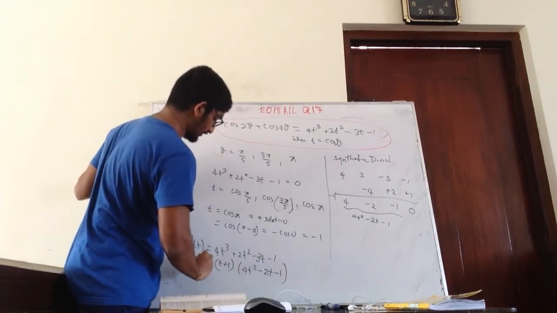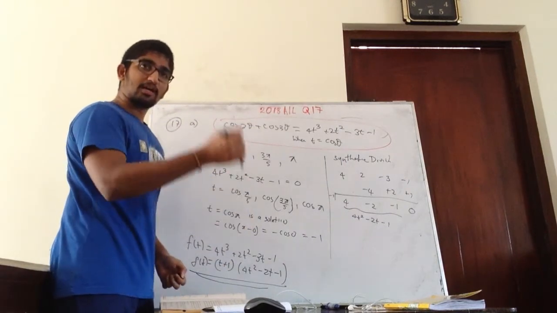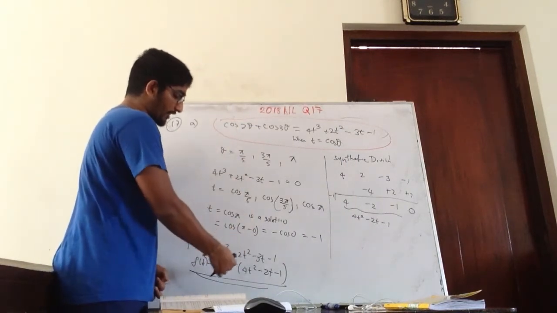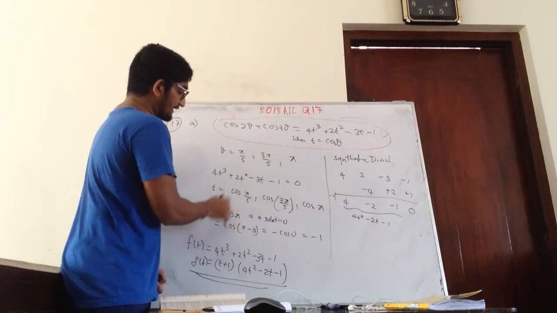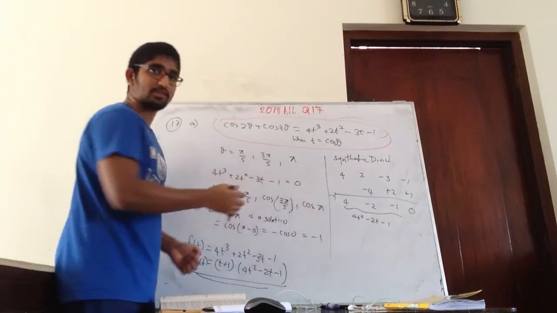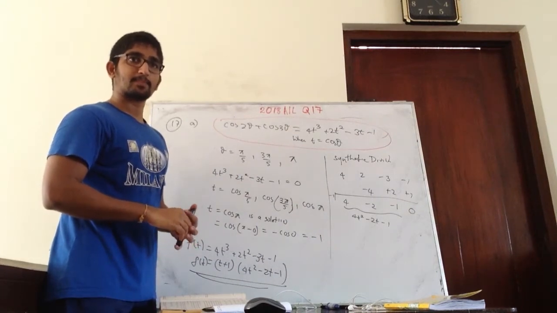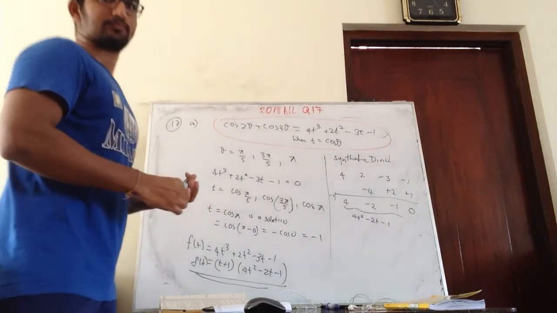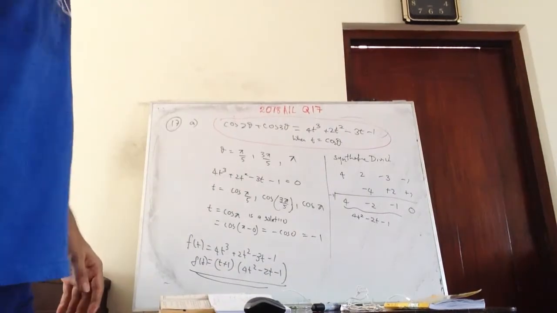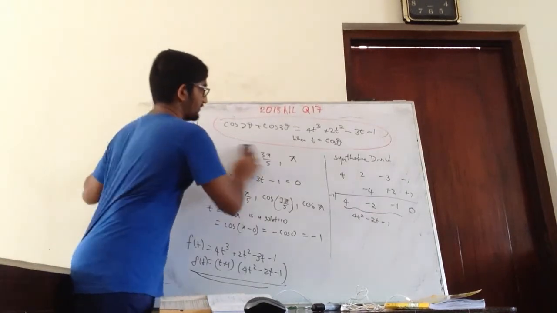So now this is f(t), right? Now this is f(t). So t equals t plus 1 has a solution where t was first 5. So these two will have the rest of the two solutions. It's simple as that, right? So let me rewrite this.